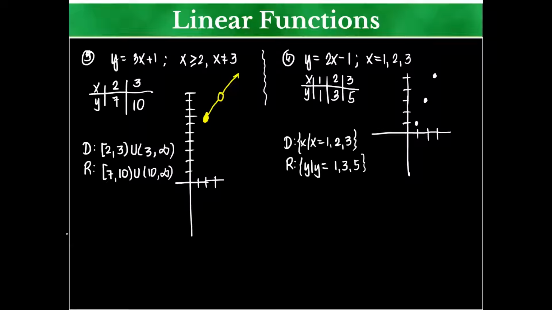Can you follow, guys, what happened? Kasi 7 is included. 10 is not included, pero everything going up is included. Okay? Sige, let's go to the absolute value functions. Let's go to the notes.